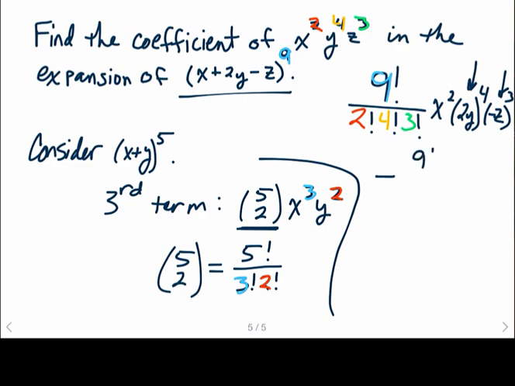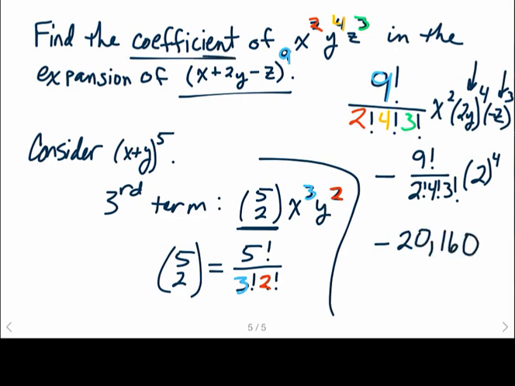And then we've got our 9 factorial divided by 2 factorial times 4 factorial times 3 factorial, times 2 to the 4th power, which my calculator tells me is negative 20,160. Once again, we were just asked for the coefficient, which we have found.